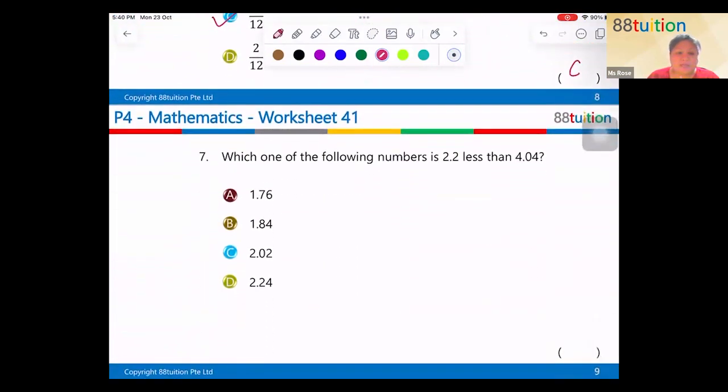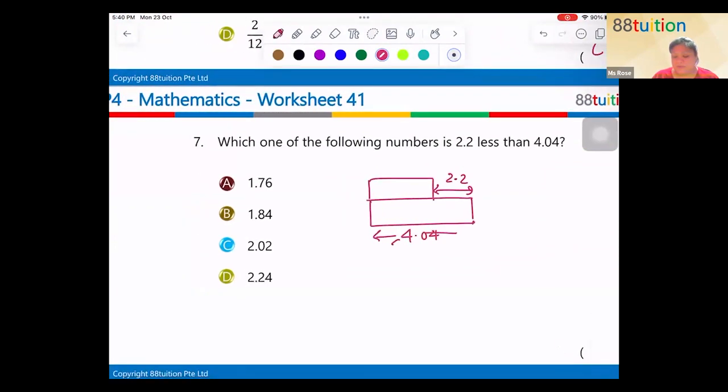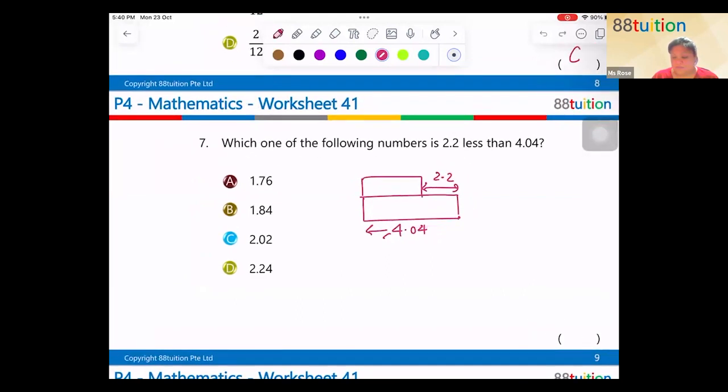Which of the following numbers is 2.2 less than 4.04?